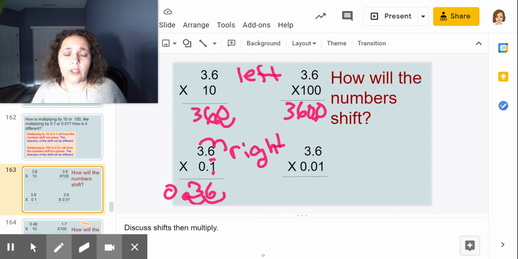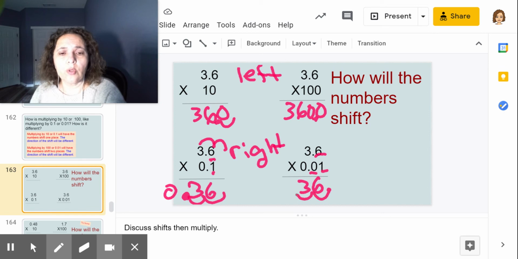Now let's see what happens when we multiply by 100th. I'm going to ignore the decimals. It's just 36 times 1, which is still 36. I've got to count my decimal places. 1, 2, 3. Add my decimal.